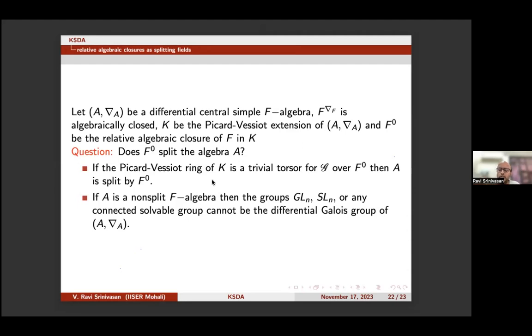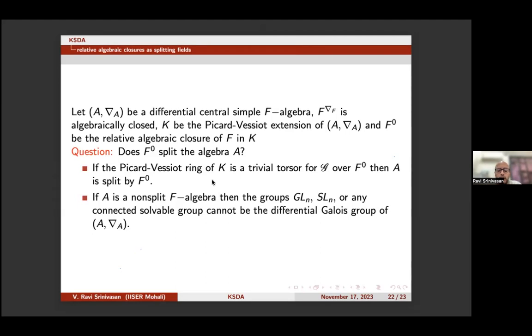Therefore the Severi-Brauer variety has a point in F naught, and for that reason the algebra must split over F naught. That is in a way an easy case because we are putting a heavy condition; otherwise it is not clear whether the relative algebraic closure of the Picard-Vessiot extension always splits.